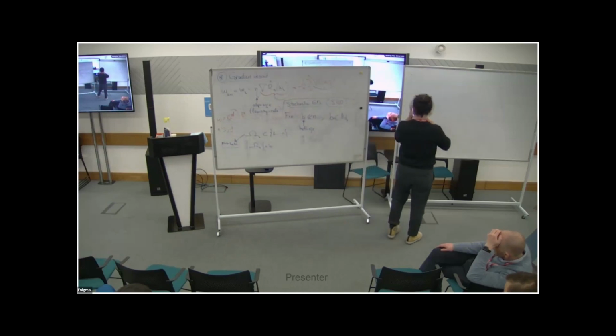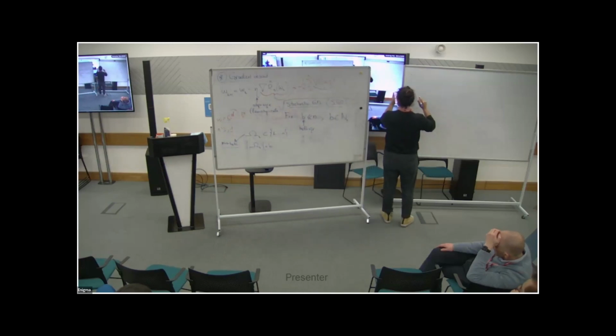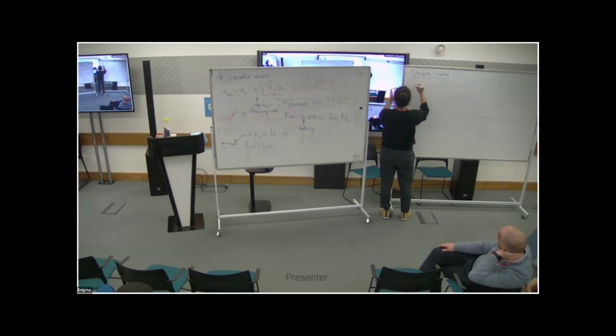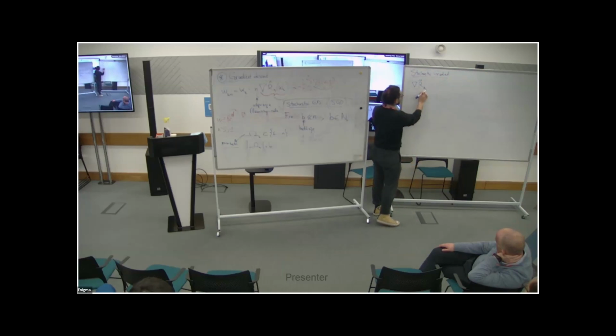Given this quantity, I'm going to define the stochastic gradient. I will put a tilde on top of R and index it by k, which means the iteration.